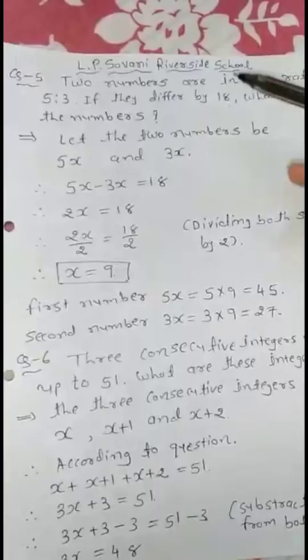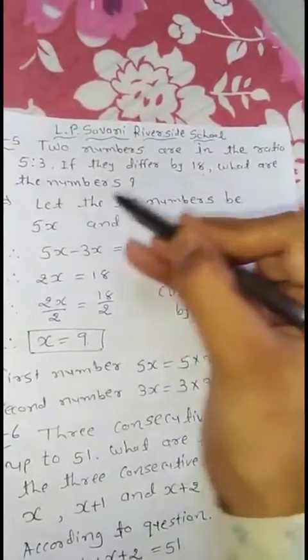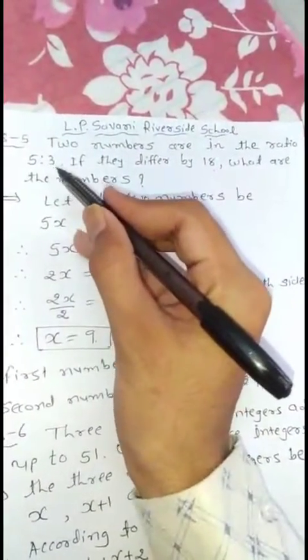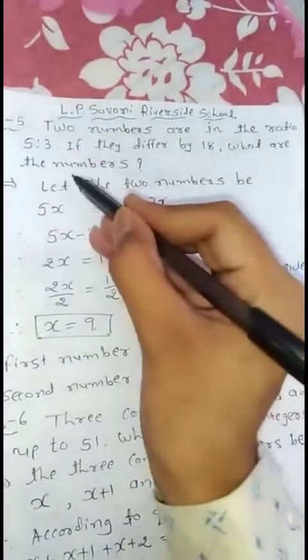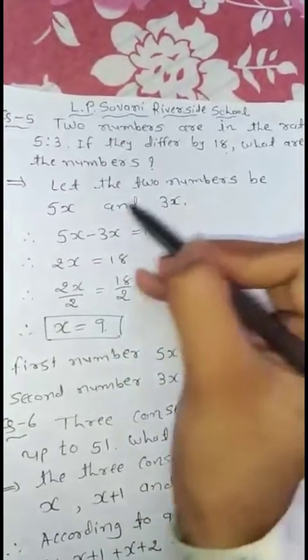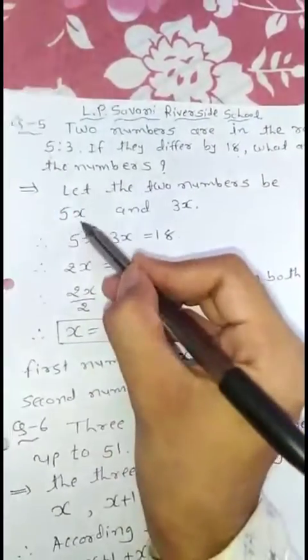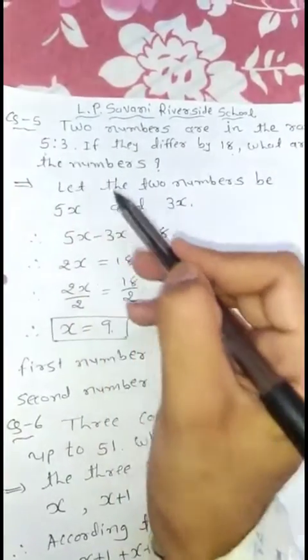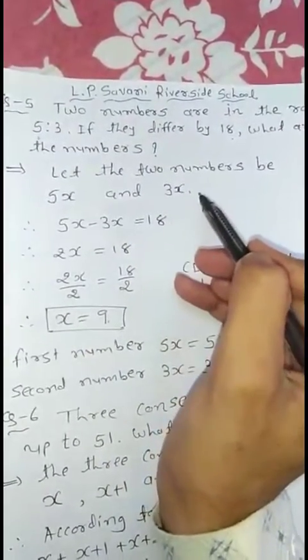Question number 5. Two numbers are in the ratio 5 to 3. If they differ by 18, what are the numbers? Let the two numbers be. Assume the first number as 5x from that ratio and 3x, using this ratio.